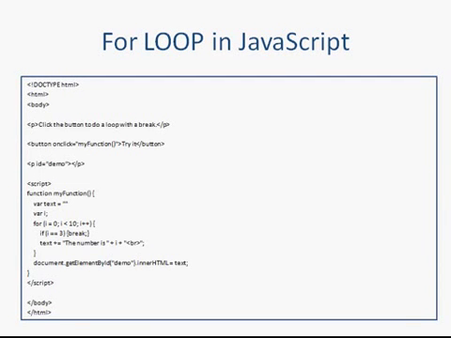Then the JavaScript loop I have shown here, in an HTML body. Here, for I going from 1, I less than 10, I plus plus, is very similar. If I equal to 3, break, text plus equal to the number is 1. So very similar. Once you know one for loop, you know them all.